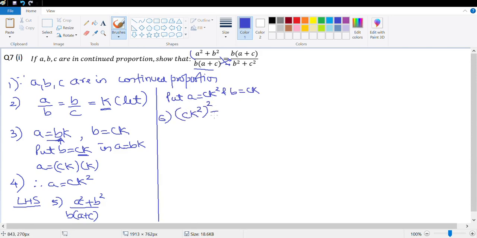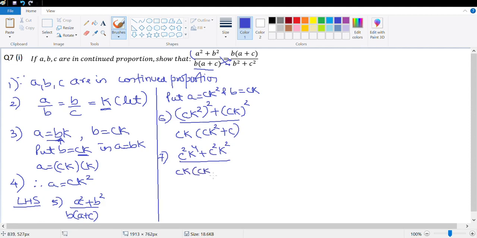Instead of B, I have CK the whole square. And instead of B in the denominator, I have CK. Instead of A, I have CK square. Instead of C, I have just C. So this becomes C square K to the power 4, and this becomes C square K square. This becomes CK square plus C.